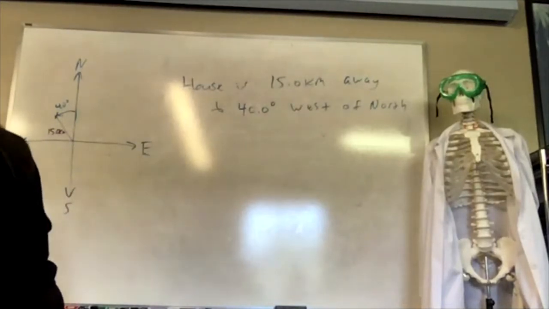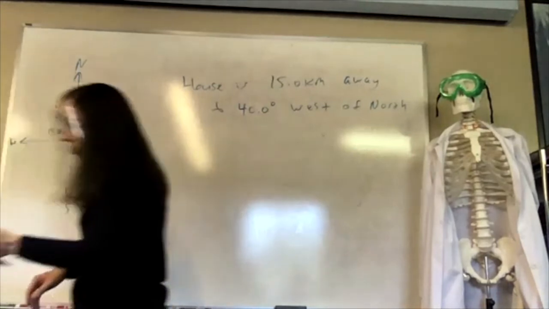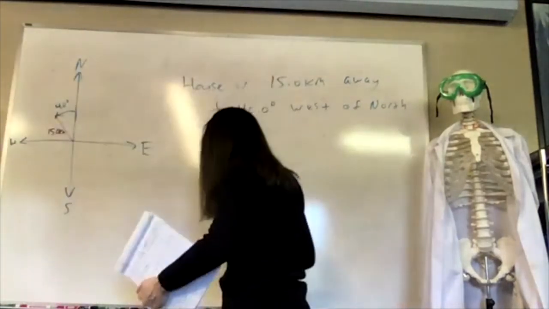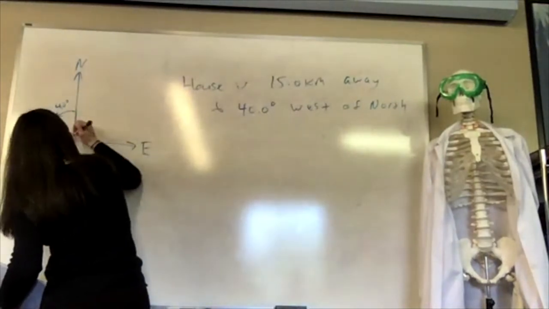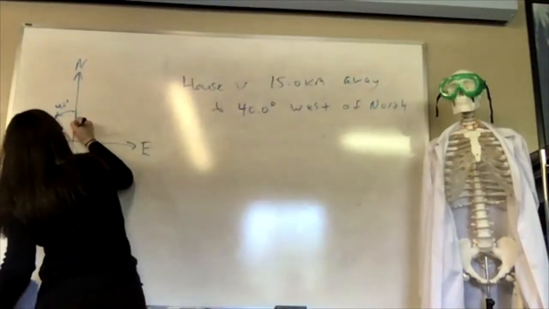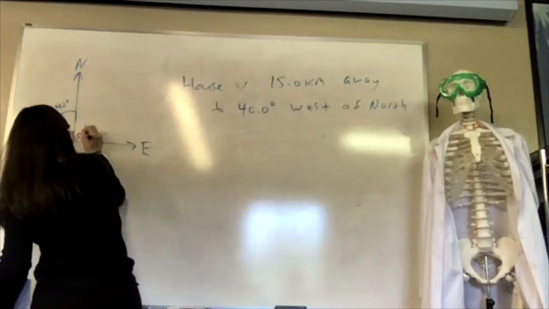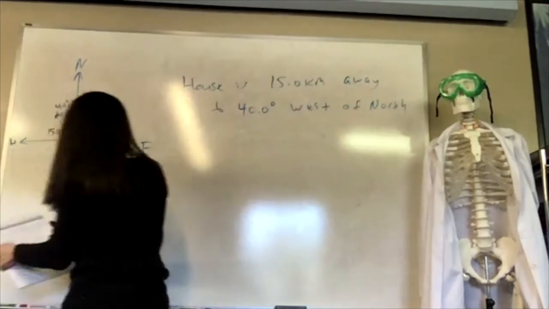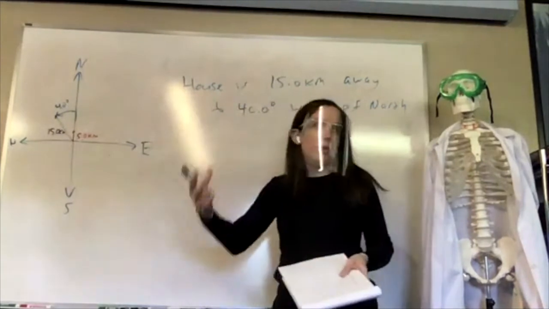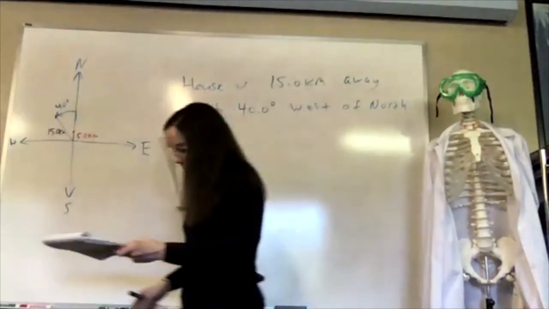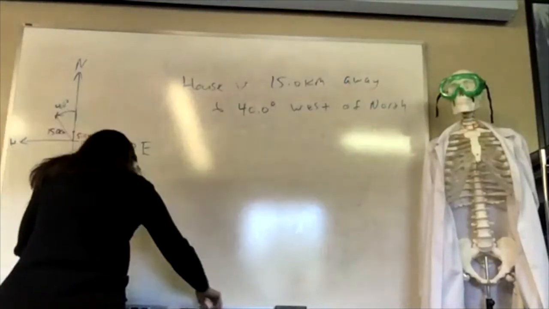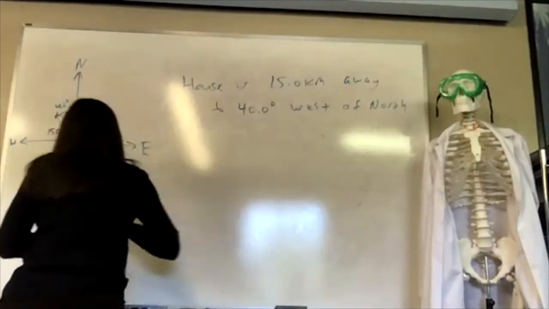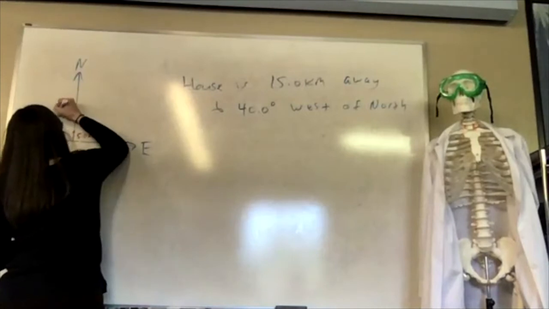But the only path to get to the house is through woods 5 kilometers north. So you have to start right here and go 5 kilometers north. And then there's a clearing, and you can then head towards the house. So you start going up that way, and then you go this way.